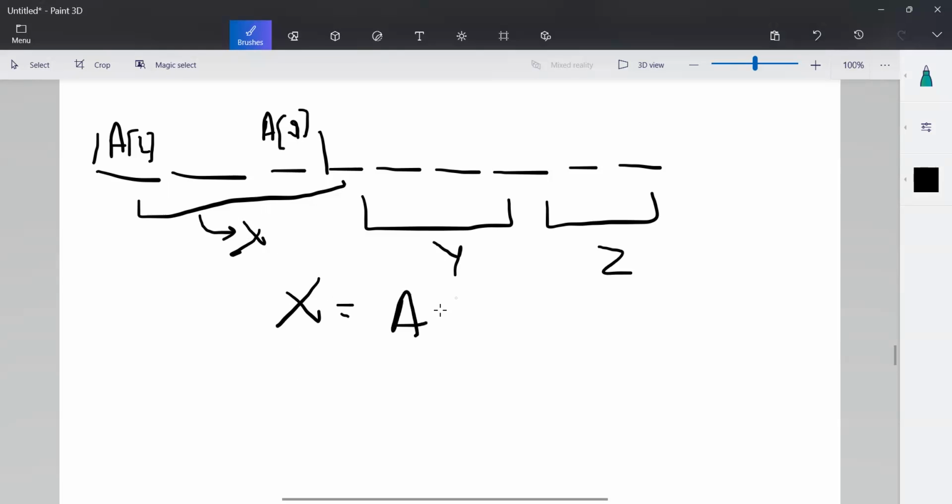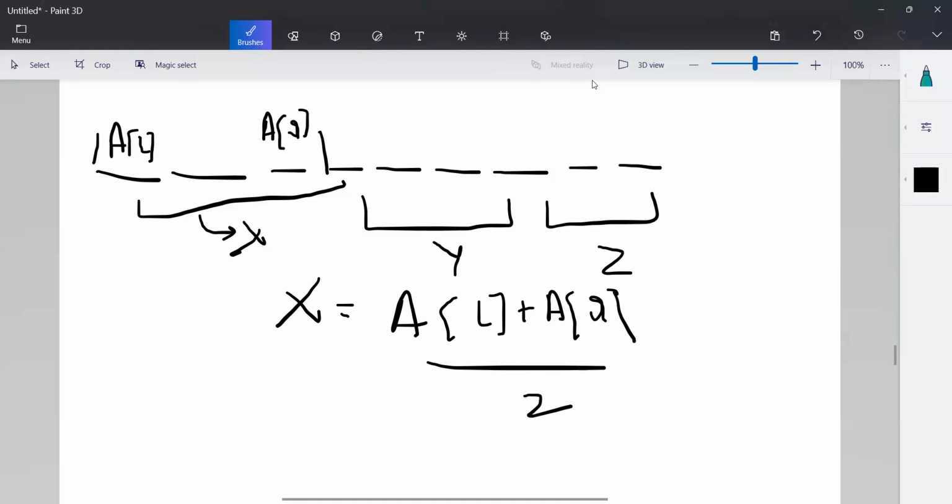It would be a of L, not a of L, it would be a of R. Let's say it would be a of L plus a of R by 2, right? I'll try to have x as the average of these two. Yep, it's the median.